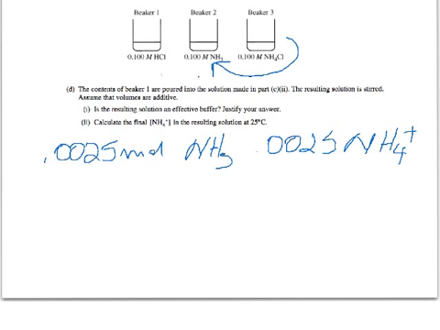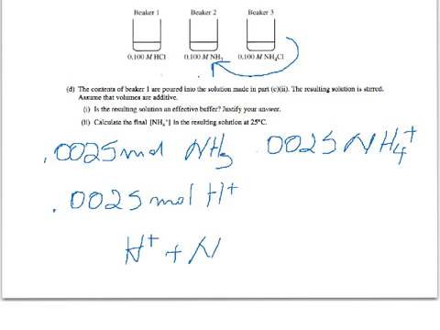So now, this was a buffer, so now if we take the solution in beaker 1, so that's 0.0025 moles of a strong acid. So what's going to happen? So here's the acid, and the acid's going to react with the base, and since you're adding equal moles of those two, you're going to neutralize.